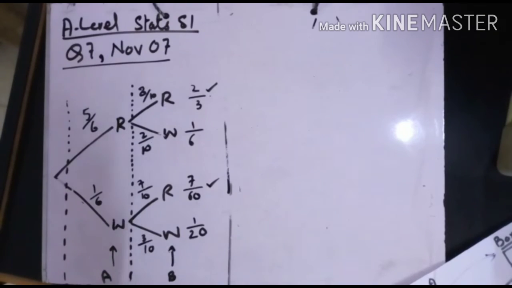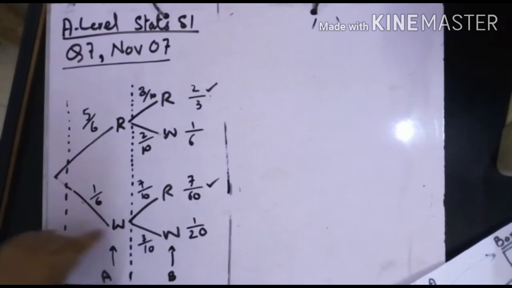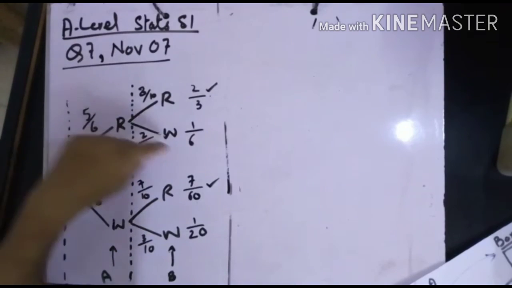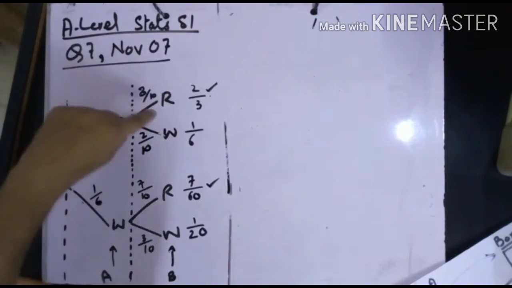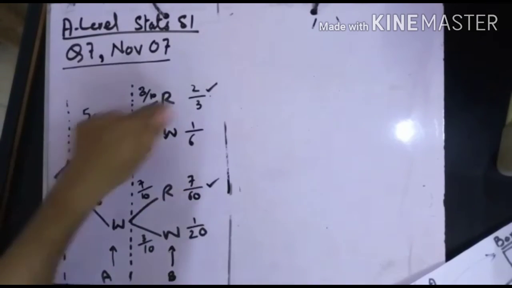So a red paper clip is taken here 0 times, here 1 time, here 1 time, and here 2 times. So here 0 times, 1 time, and 2 times.